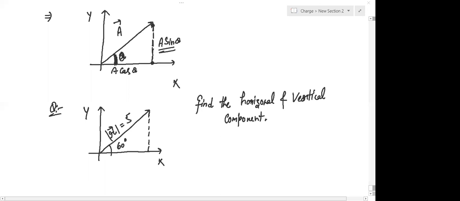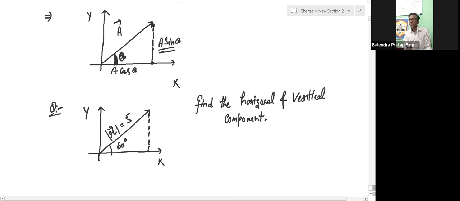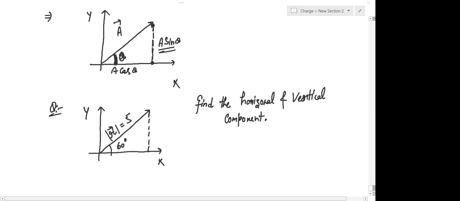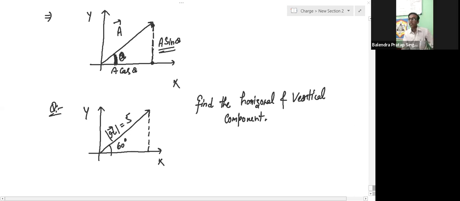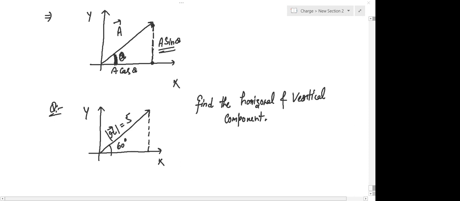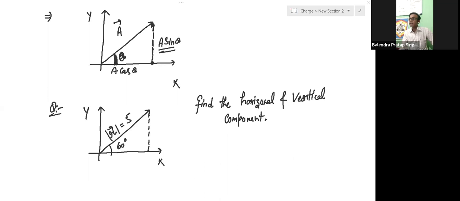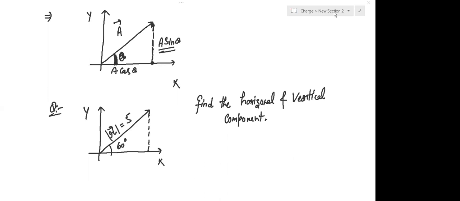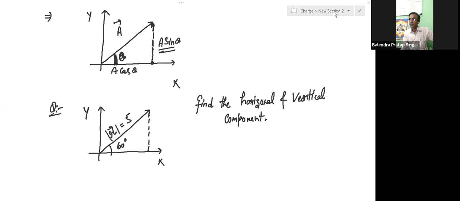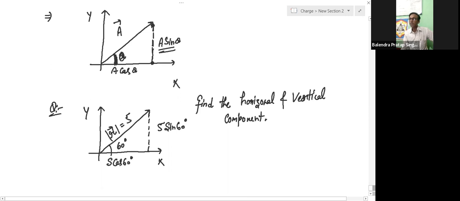Yes, sir. What is the answer? 5/2 and 5 root 3/2. Exactly. But what is the vertical component? 5 root 3/2. Okay, so here I'm explaining. Vertical component is 5 sin 60 degrees, and your horizontal component is 5 cos 60 degrees.